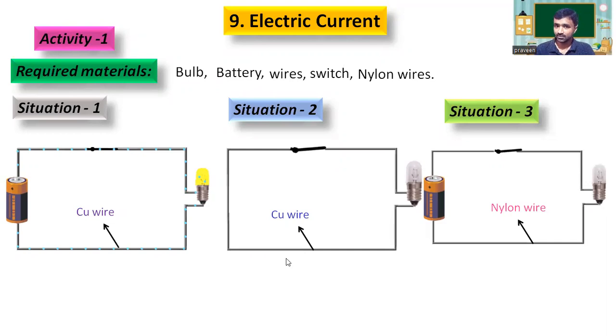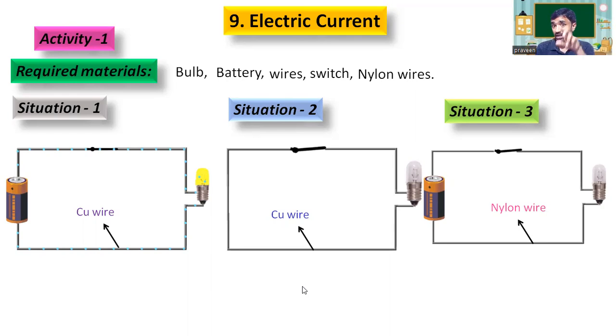So in the first situation, there is a flow of electrons, but there is no flow of electrons in situation 2 and 3. So how do you decide that? Have you seen the electrons? No, sir. Then how do you decide electrons are flowing? By the glowing of the bulb. Right. So we are not observing the electrons here.